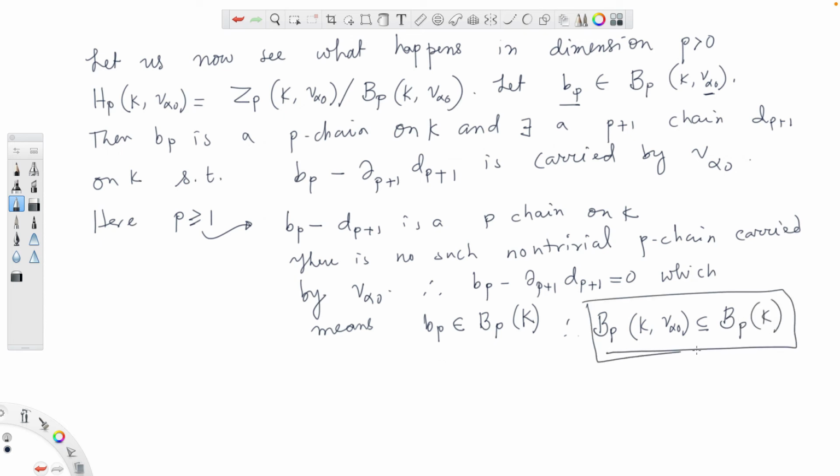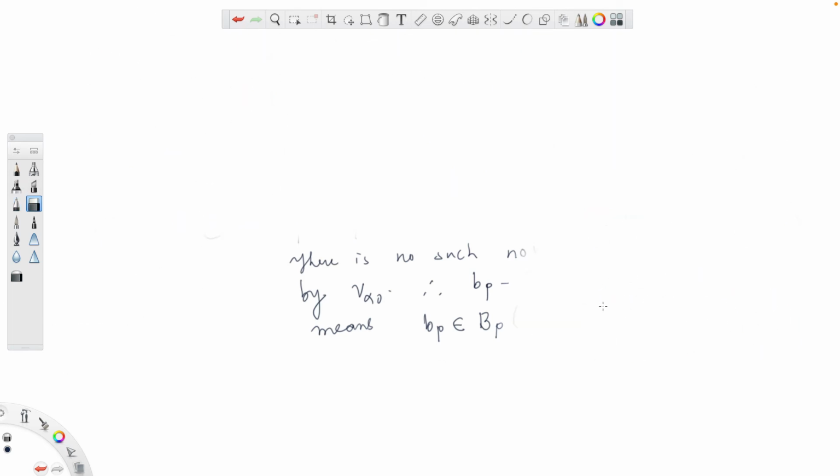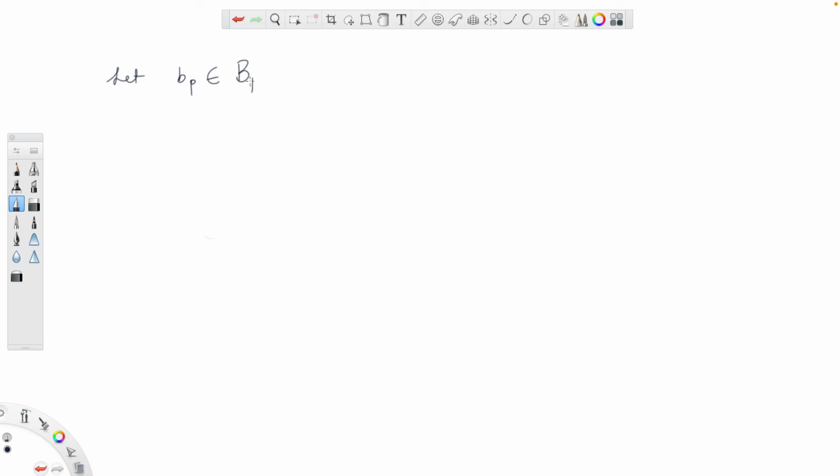This is one result. Now, on the other side, let bp be an element of the group of p boundaries on the complex K. Then there exists a p plus 1 chain dp plus 1 such that bp minus del p plus 1 dp plus 1 is equal to 0. Okay.